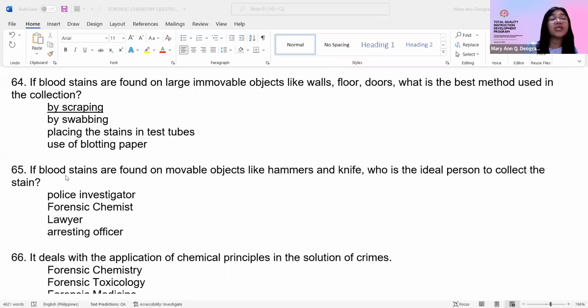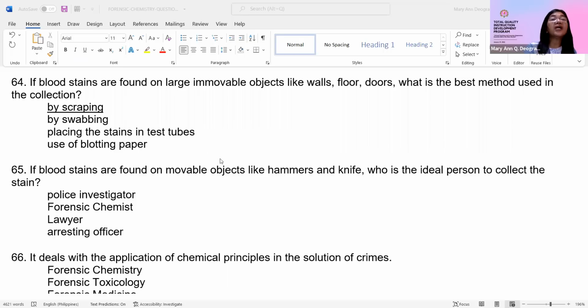So since we are talking about the blood stains, and anyway, these objects are movable, ang trabaho ng police investigator dyan or the SOCO team is to collect that hammer. Wala siyang karapatang magtanggal ng blood stain doon. Pwedeng i-transport sa laboratory.